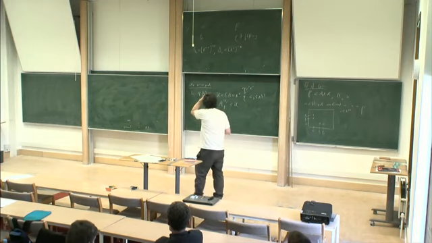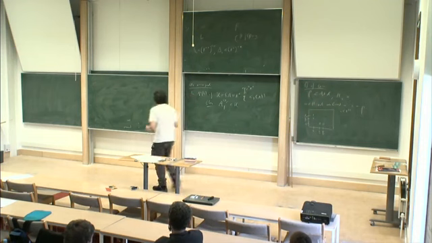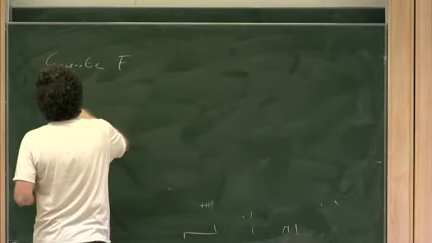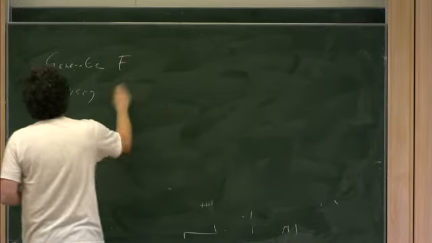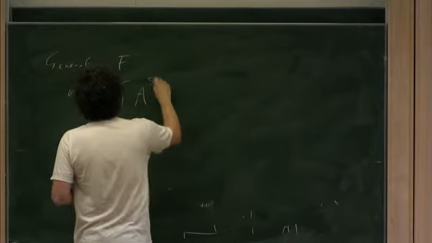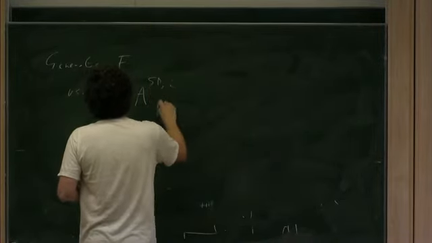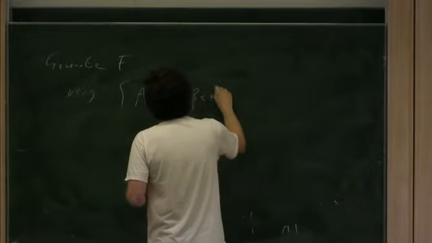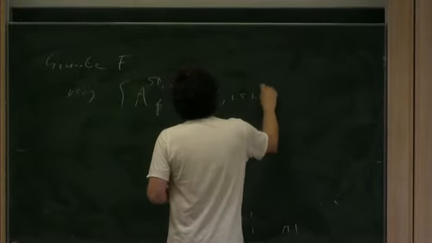What's going on here? Well, what we're going to do is we're now going to generate F using, I'm not going to use everything. E less than kappa plus, I less than kappa plus.